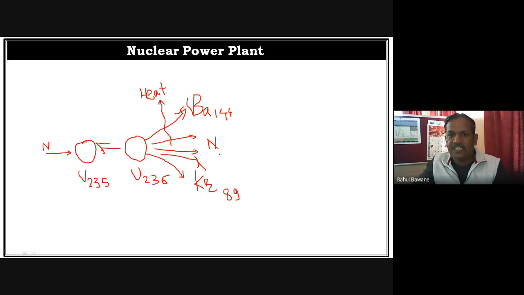The excess neutrons. Suppose in the first fission, 3 neutrons are emitted, so that absorber absorbs 2 neutrons, so there will be only 1 neutron. Then that 1 neutron will strike a second uranium, then it will split, again there will be 3 neutrons, out of which 2 will be absorbed. Like that we can control the chain reaction and control the heat rate.